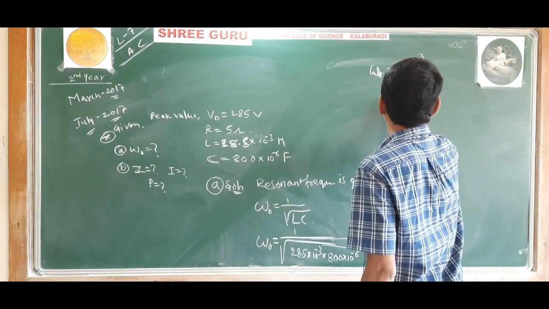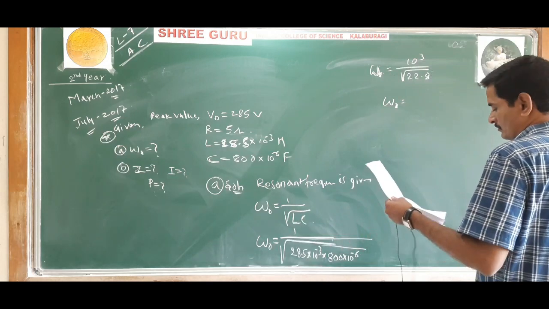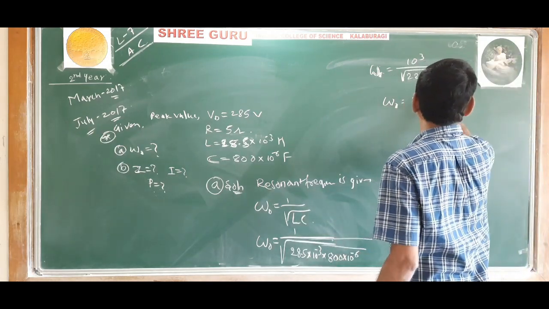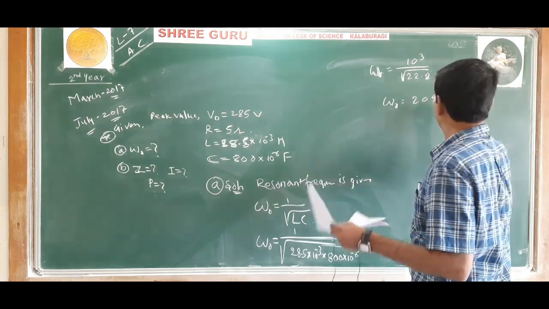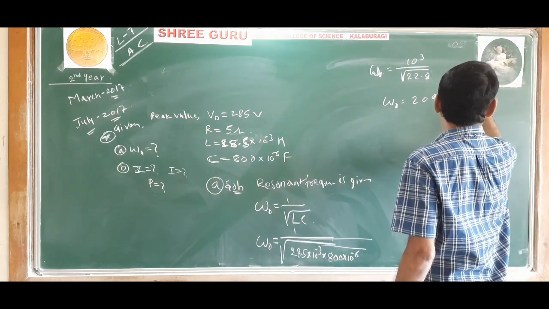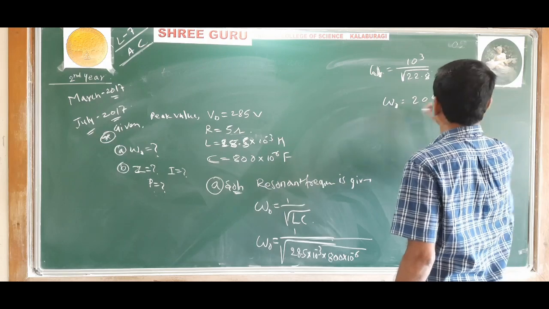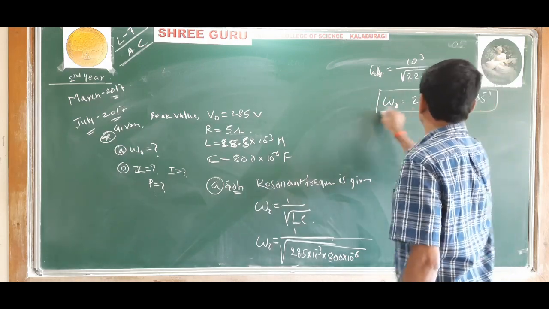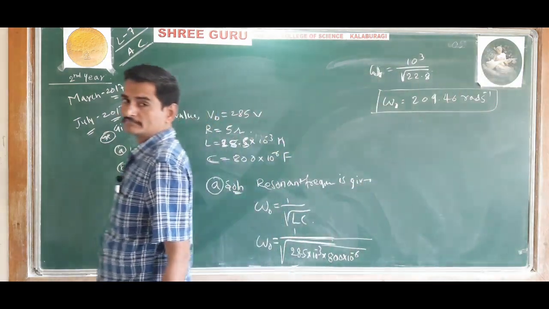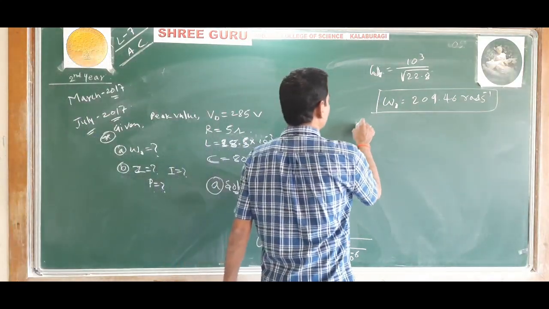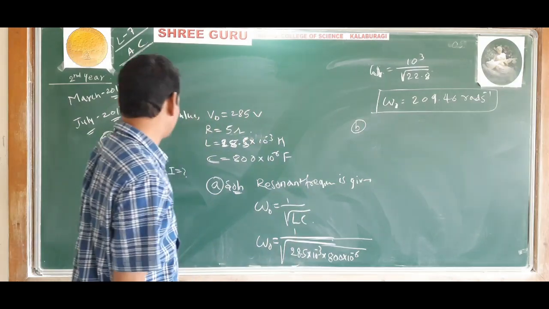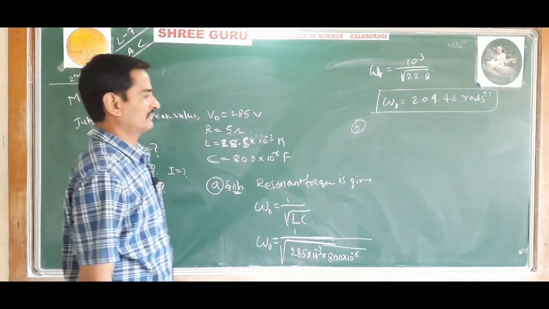So finally we will get omega naught is equal to 209.46 radian per second. This is the value of resonant frequency. And then you have to calculate B, impedance, current and power at resonance.